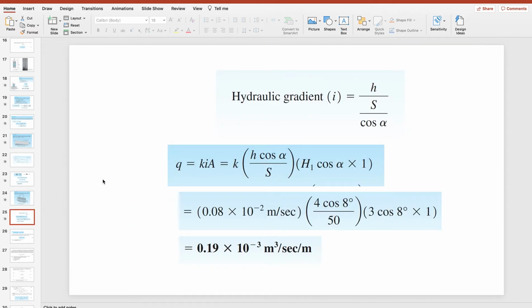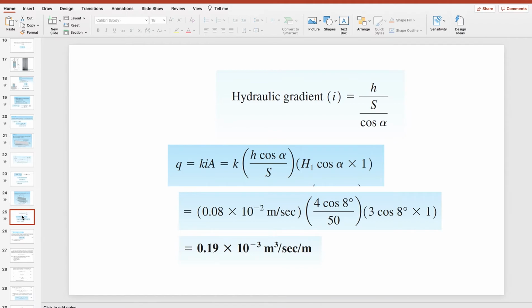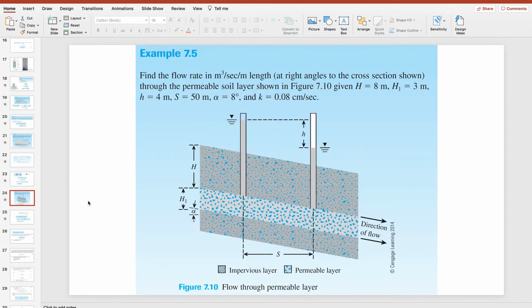So, the hydraulic gradient is the same as before. Delta H over S or delta H over L. But this time, the L that we consider is the perpendicular distance. This is not a perpendicular distance. This is the perpendicular distance. So, that is S over cosine alpha. Okay? So then for the area, it is this.